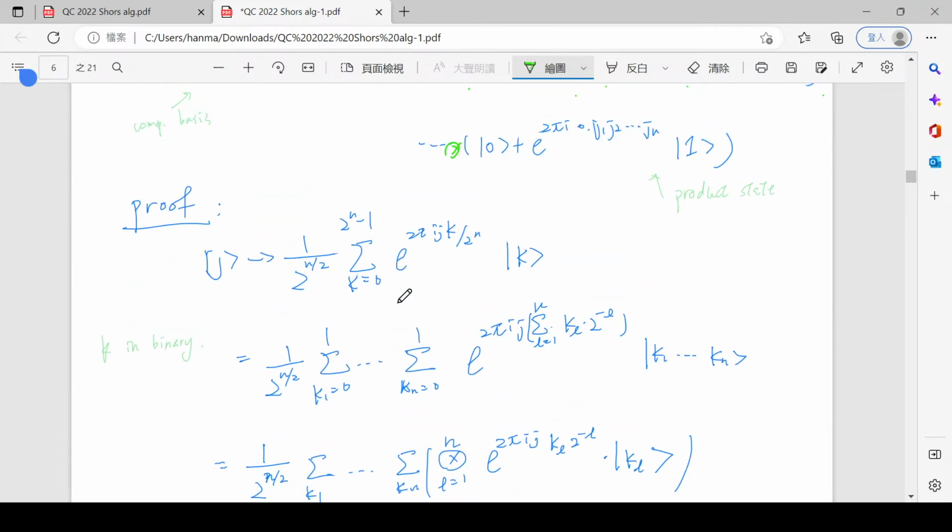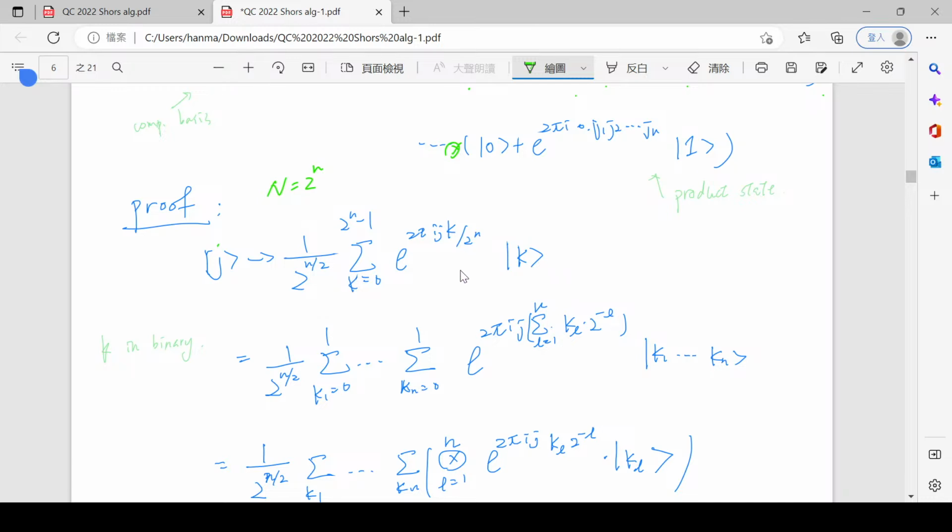Okay, anyway, let's get back to work. As we said before, the state is 1 over square root N, and now we are just writing big N as 2 to the n. So this is 1 over square root N, then summation k from 0 to big N minus 1, and then e to the 2 pi i jk over 2 to the n, k. Okay, so nothing happened here yet.